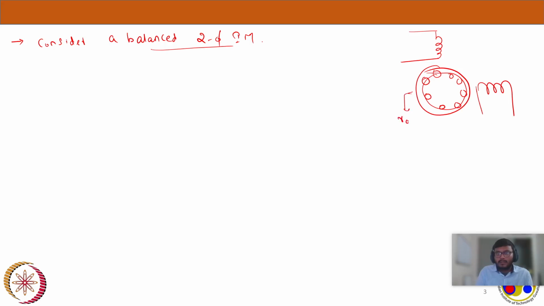This is the rotor, and this is winding M, and this is winding A. We will see the terminology later, but for now, these are the names we are giving. And we have two windings here, and my stator has a balanced two-phase winding, which we are calling A and M.